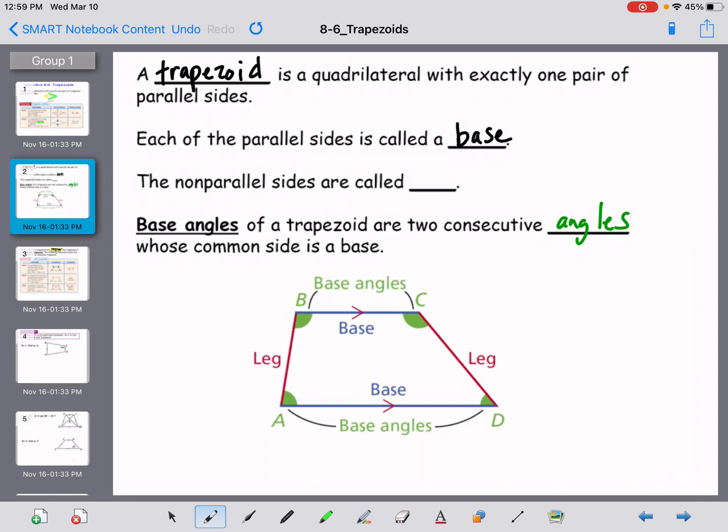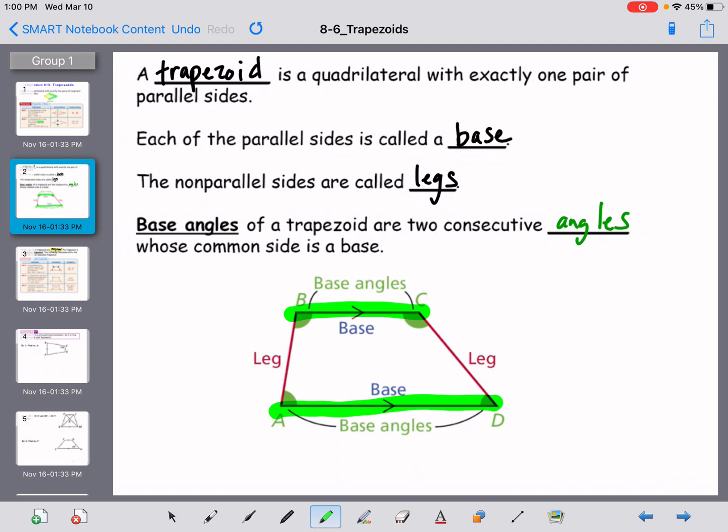The non-parallel sides are called legs. If you think about a base as something you could sit it on, you can see in the trapezoid, if I needed to sit it down on something flat, those two sides are parallel, so they're going to be level with the ground, and it would sit upright.